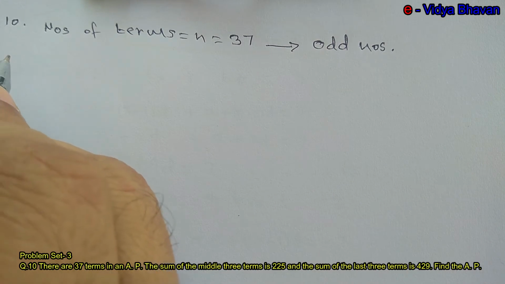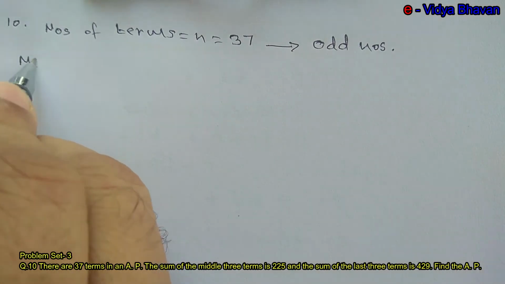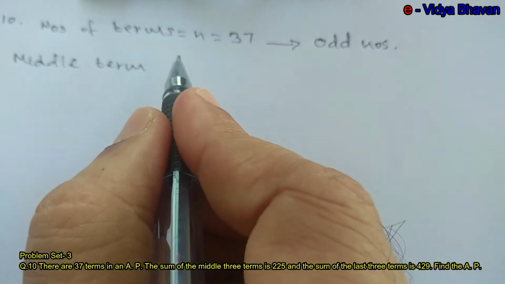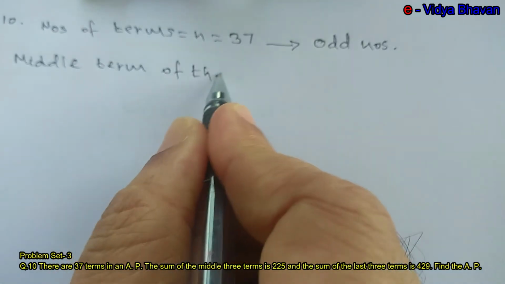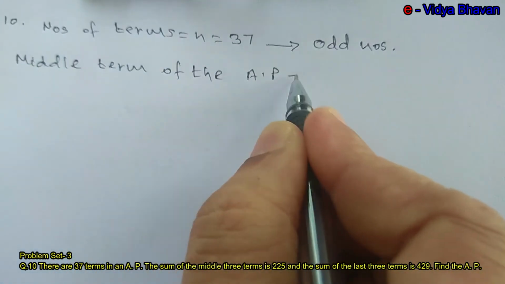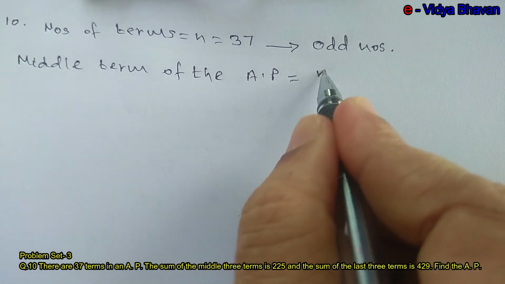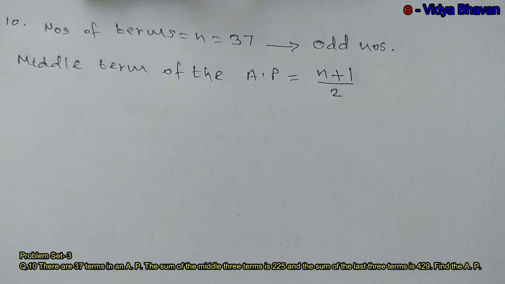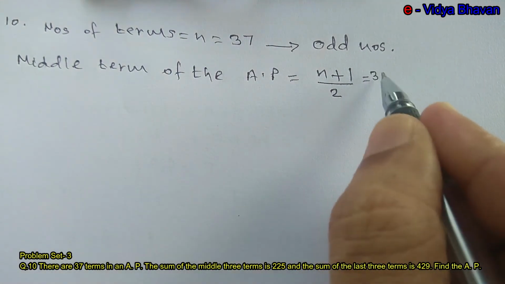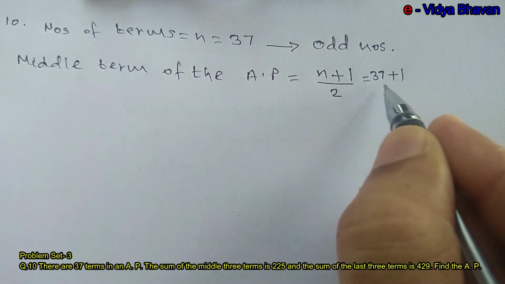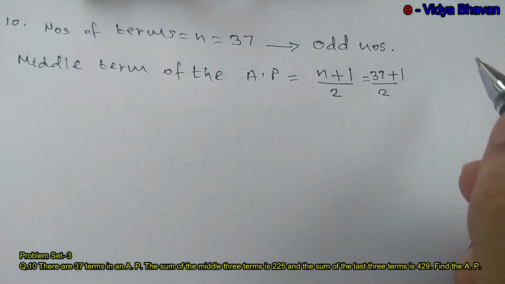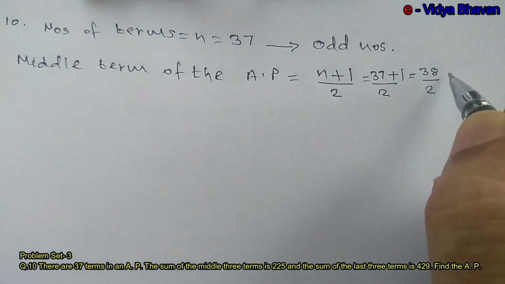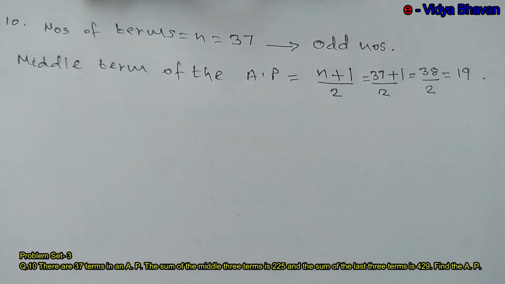So the middle term of the AP for this odd number will have a formula (n plus 1) upon 2, that is (37 plus 1) upon 2, that is 38 upon 2, that is 19.